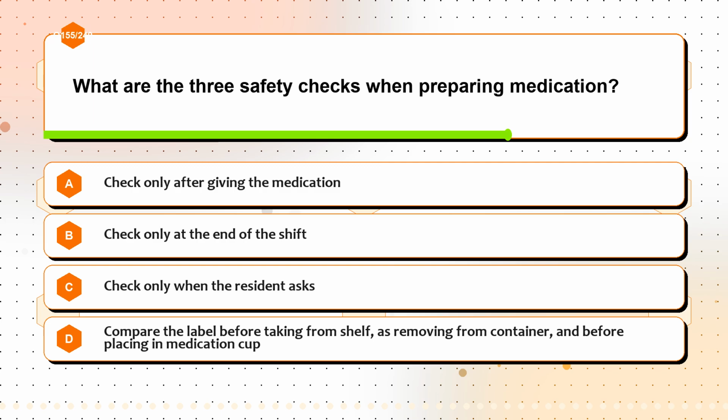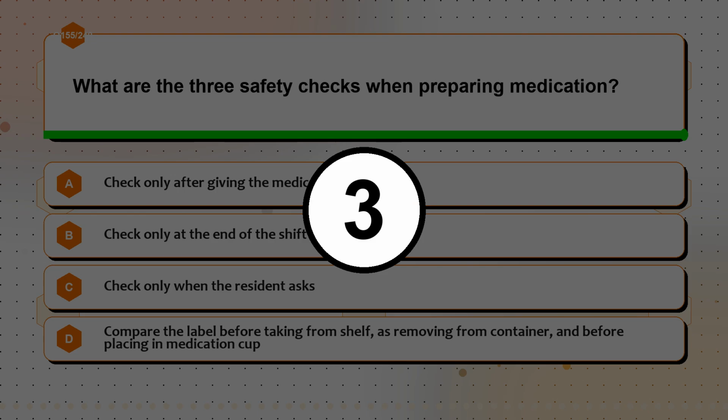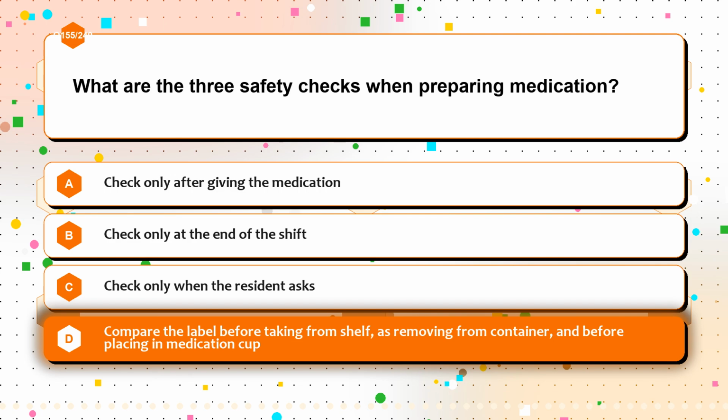Option D. Compare the label before taking from shelf, as removing from container, and before placing in medication cup. The correct answer is option D. Compare the label before taking from shelf, as removing from container, and before placing in medication cup.